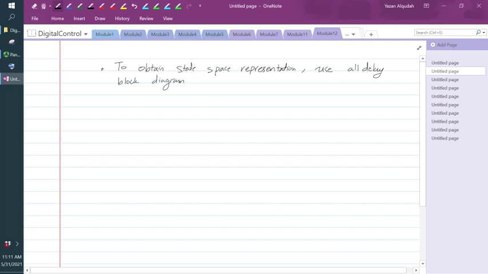The output of each delay element is defined as a state variable.